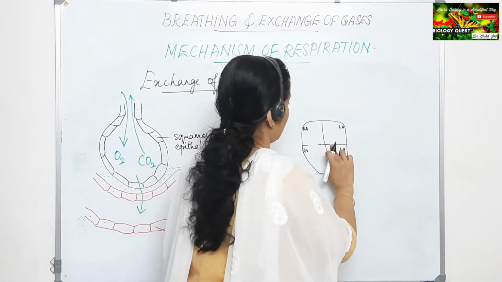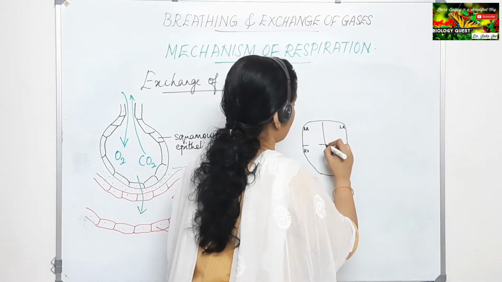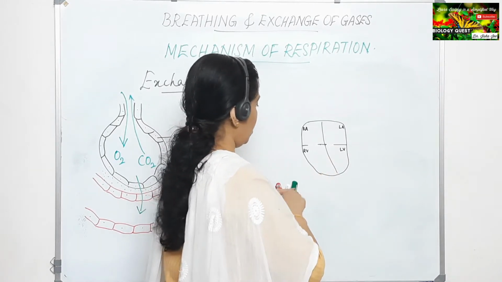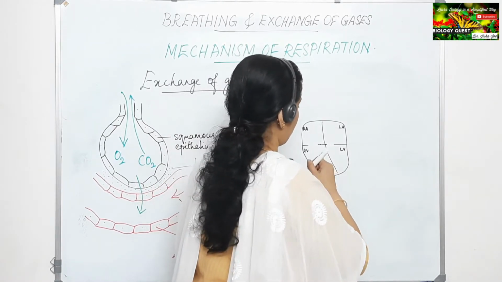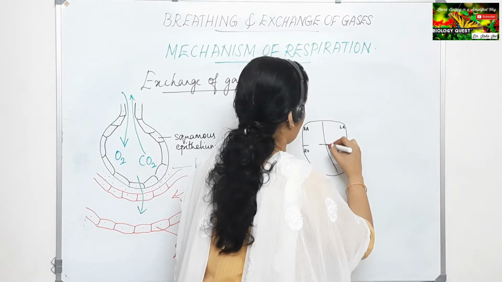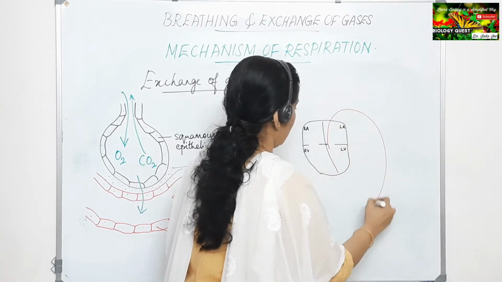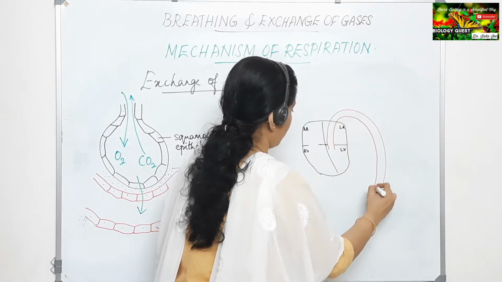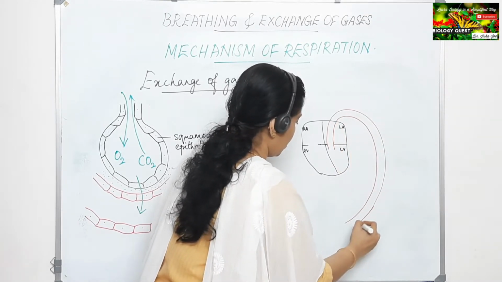The oxygenated blood is pumped from the left ventricle to the different parts of the body.